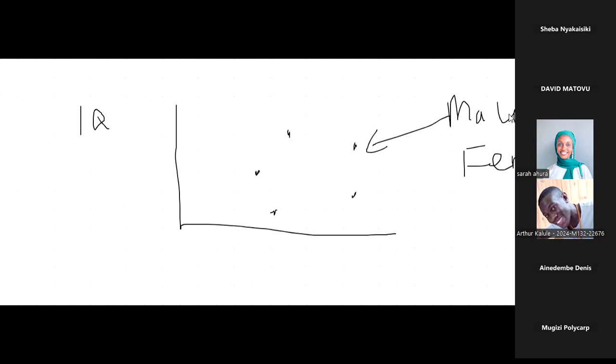Then you have another group, females. For females, you find they are much closer. Whereas for the men, their IQ levels were a bit scattered. This shows variance.